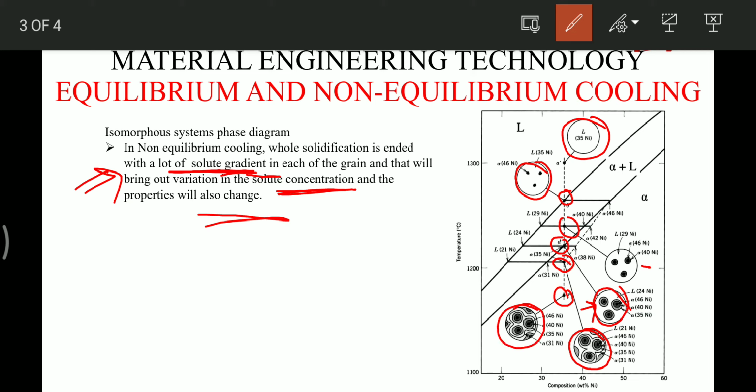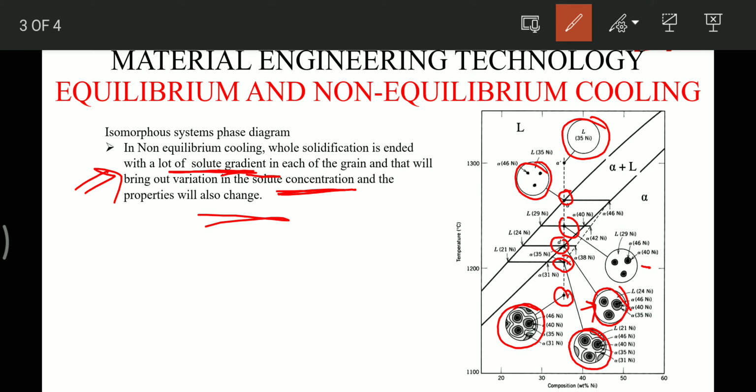Okay, so basically the main difference between equilibrium and non-equilibrium cooling is that in equilibrium we give enough time for cooling so that the solute redistribution takes place and there is no gradient in the grain structure, and there are definite grain boundaries.